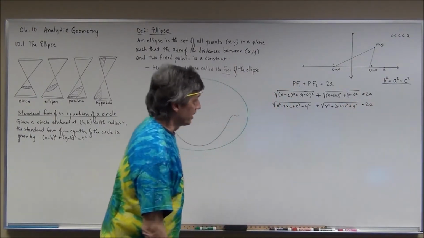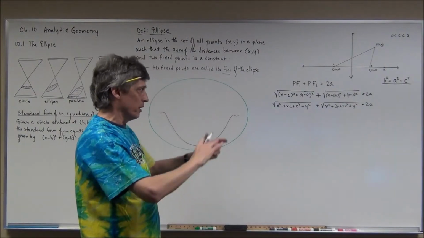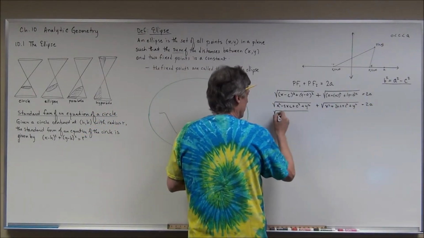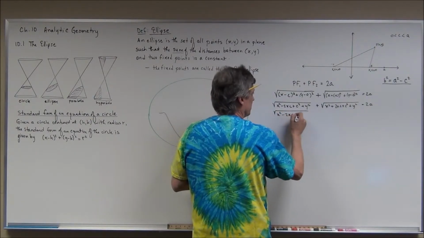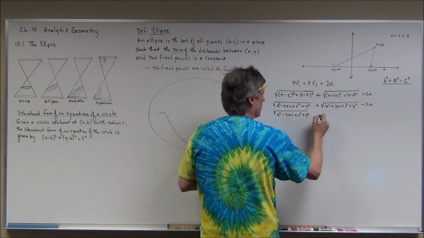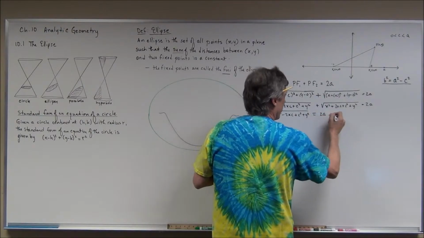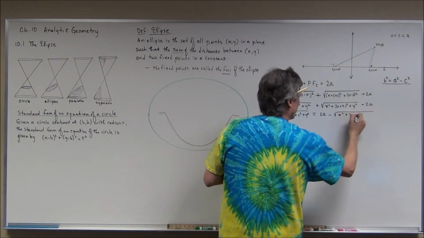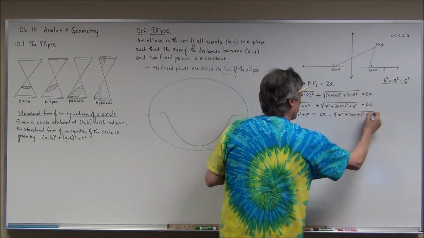Well, I want to get rid of the radicals, and to do that I'm going to have to bring one radical to one side. So I'll toss this guy to the other side. The square root of x squared minus 2xc plus c squared plus y squared is equal to 2a minus this radical here, the square root of x squared plus 2xc plus c squared plus y squared.